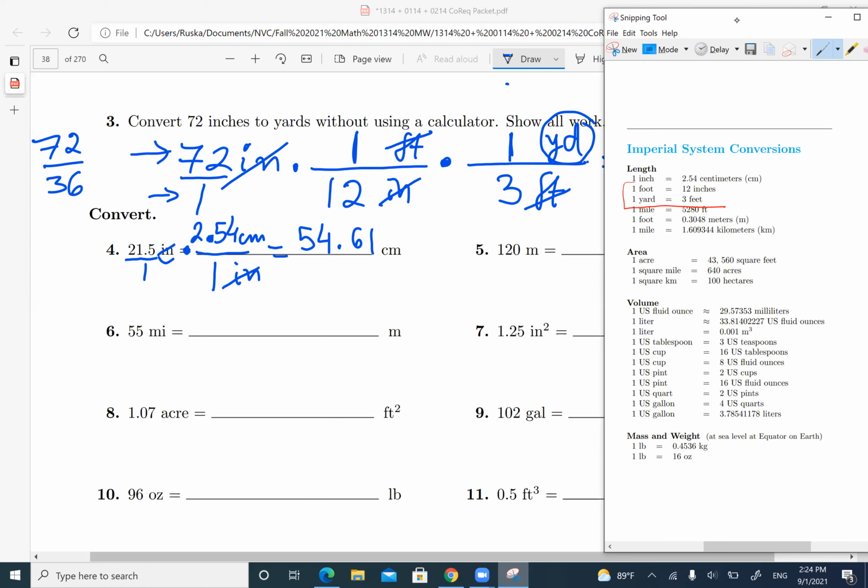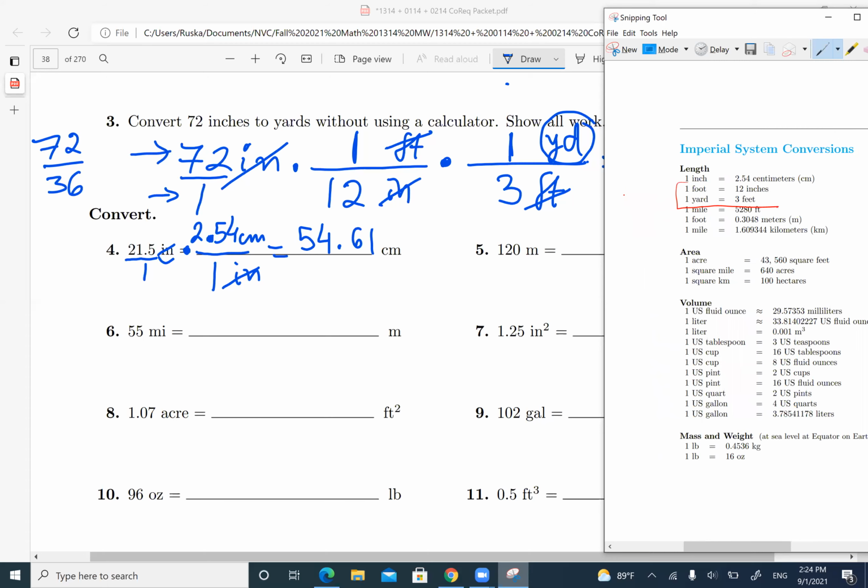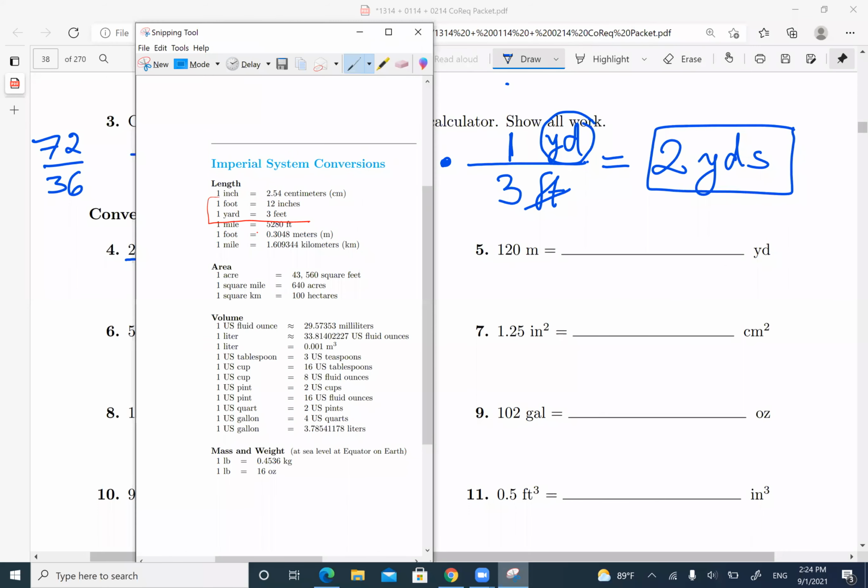But we can go, oops, sorry. We have meter to yard. Okay, let's do this. So meter, yard is going to be in the length here, right?